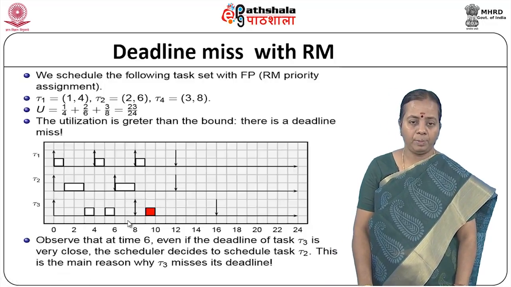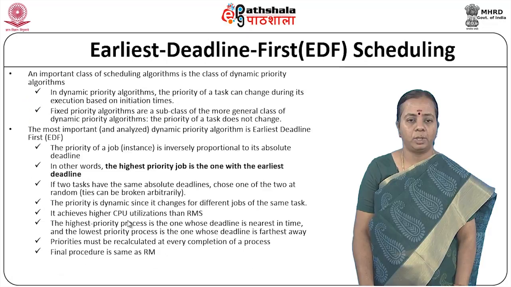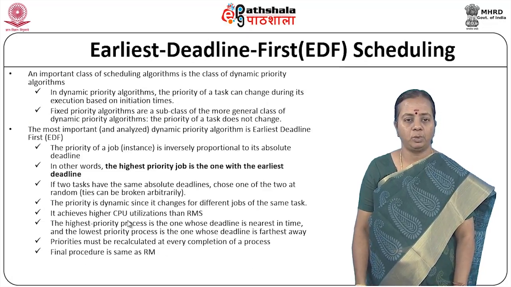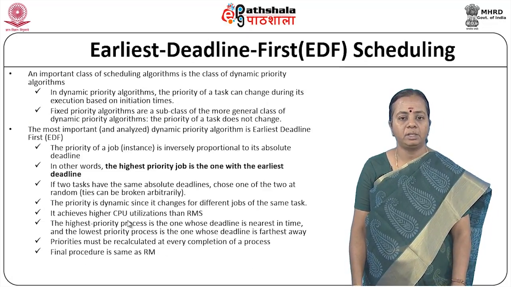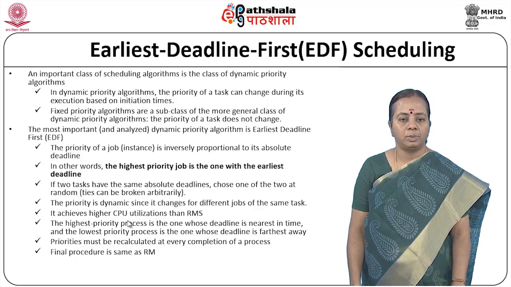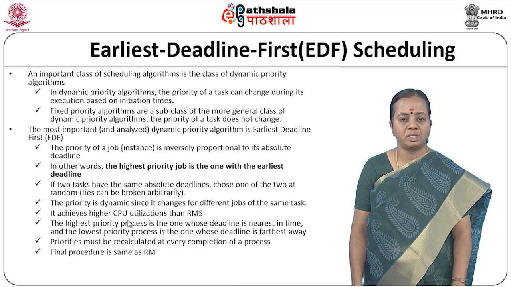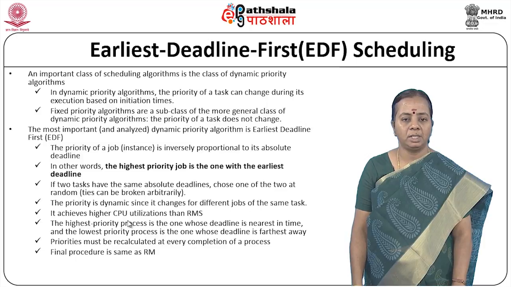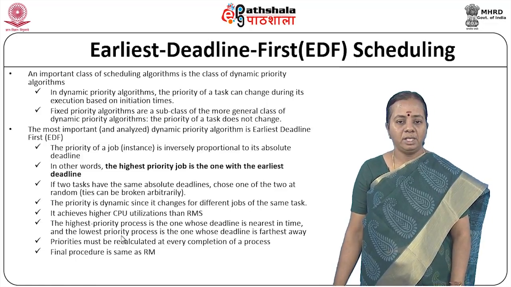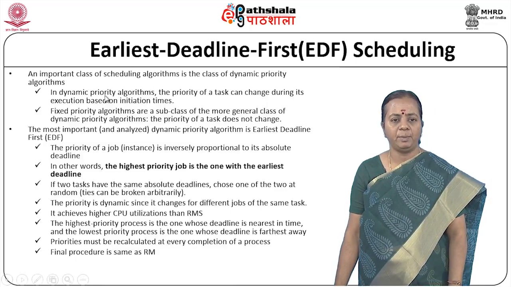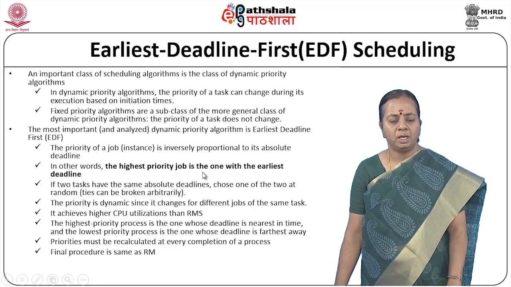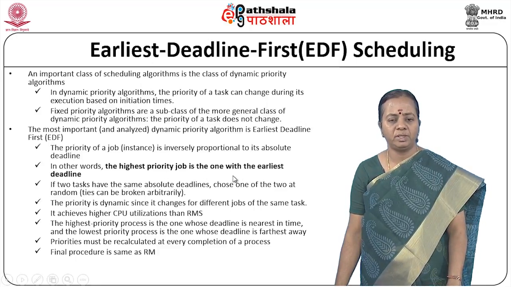Because of that, people went to EDF scheduling. EDF scheduling is nothing but a dynamic priority algorithm, which means the priority is fixed dynamically while you are running the tasks. The highest priority job is fixed only by its deadline, that means the highest priority job is the one with the earliest deadline.